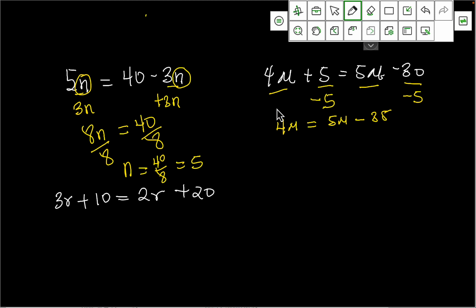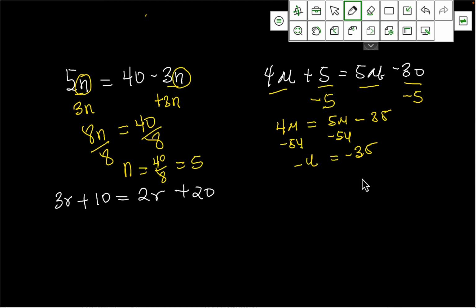I have to bring 4u and 5u together because they are like terms. So I'm going to subtract 5u from both sides. Now when I do the subtraction here, I'm going to get negative u equals negative 35, right? 4 minus 5 is negative 1, and that's why we have negative u.